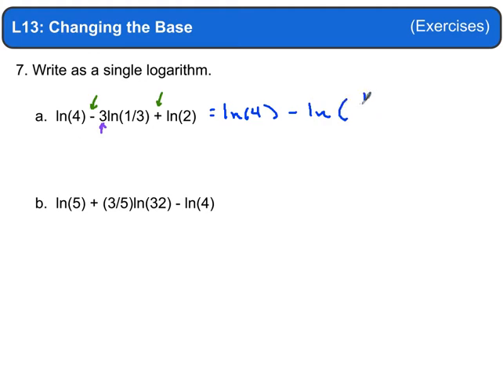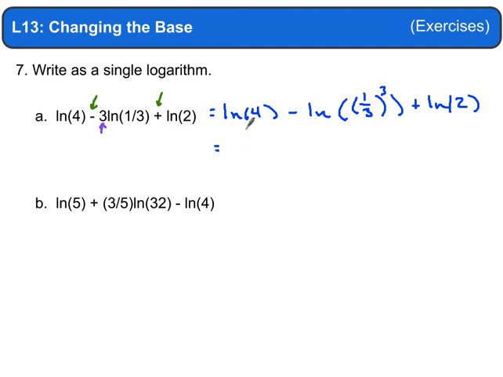So we're going to have a 1/3 to the 3rd power. And then we're going to add a natural log of 2. So if we did that, 1 to the 3rd power is 1, and then 3 to the 3rd power is 27.